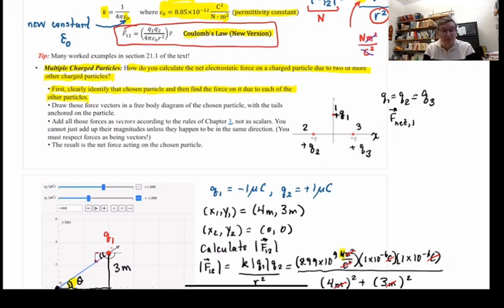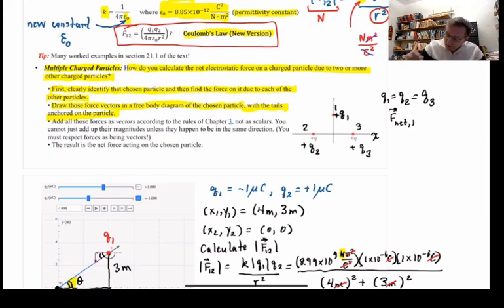We'd have to find those. In this little scenario, I'm going to draw them, sketch them. It says here, draw those force vectors in a free body diagram of the chosen particle, with the tails anchored on the particle. So if I want the net force on particle 1, I want forces on 1, I'm going to draw my arrows anchored on 1.